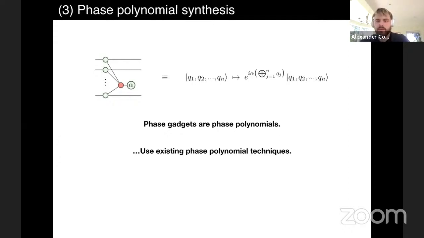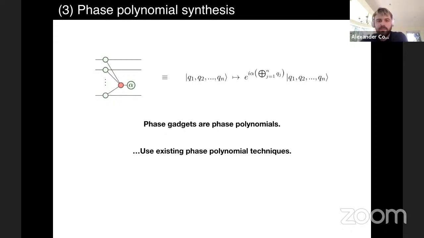I don't want to go into all the phase polynomial literature here, but there is some great work by Matthew Amy on what's called GraySynth, which is another heuristic method. So there's a common theme here of finding heuristics which appear to work in practice and then stitching them together.